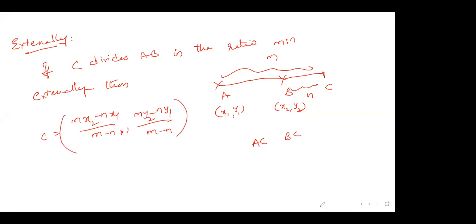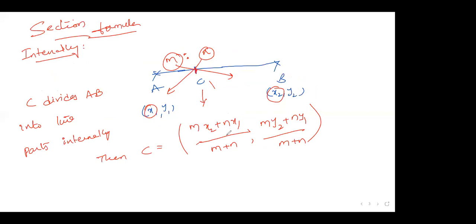So if it is internal, the formula is (m x2 plus n x1) by (m plus n), it will come with plus. If it comes externally, please don't mug up.